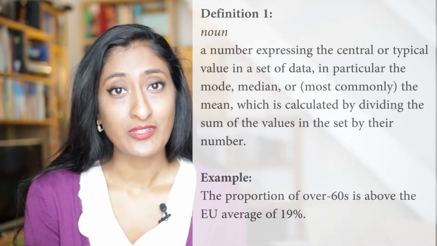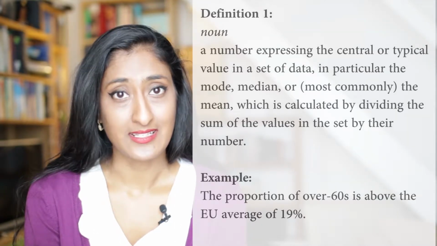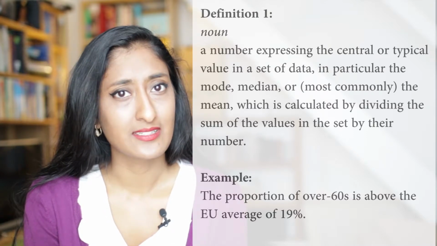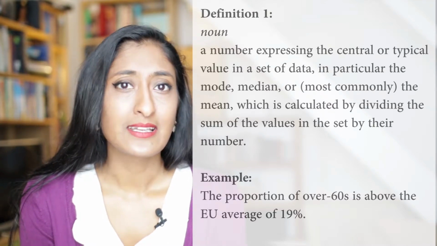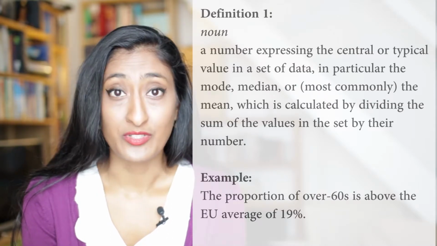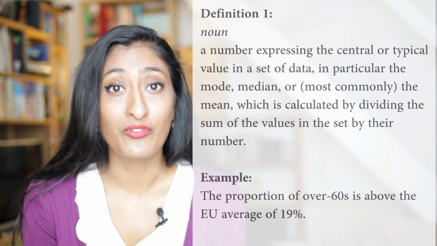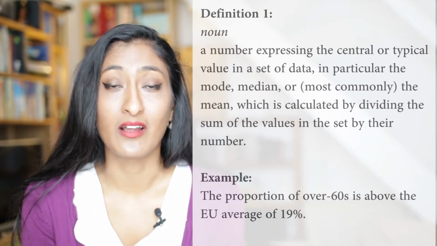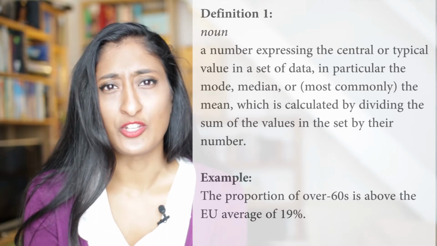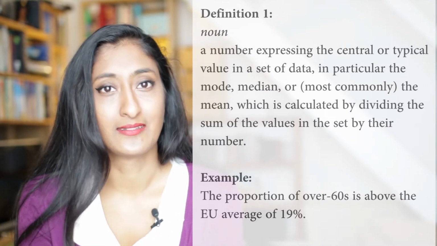The proportion of over 60s is above the EU average of 19%. And what that means is everywhere in the EU, the proportion, so that means the percentage of over 60-year-olds that are currently alive, is around 19%. But in the UK, it's higher than that.